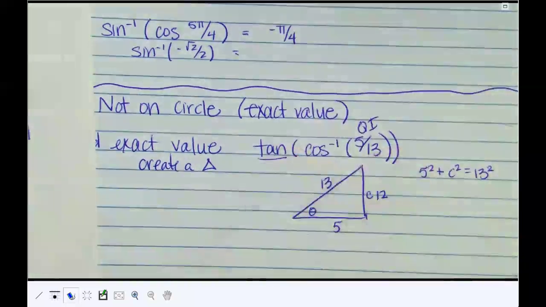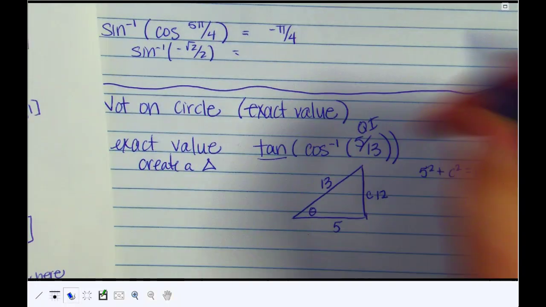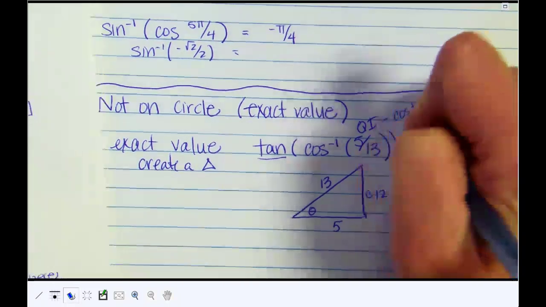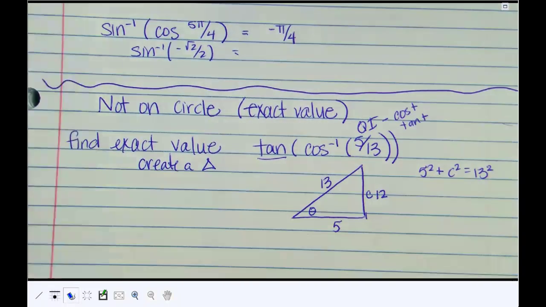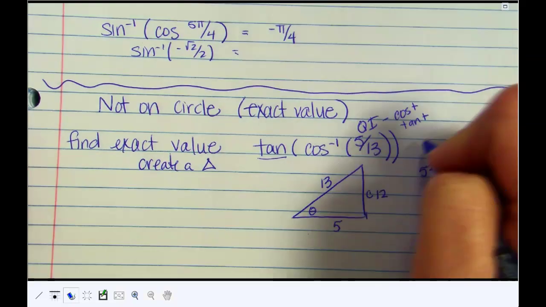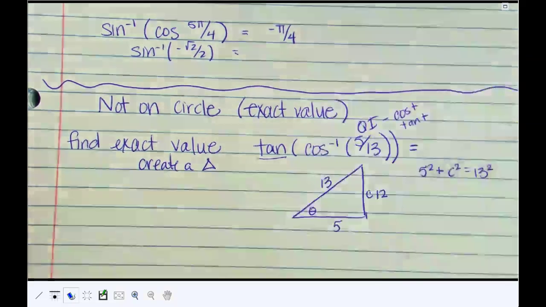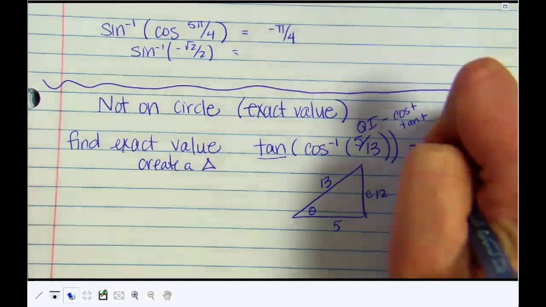So tangent in that quadrant is also positive. So final answer, what's the tangent? 12 over 5.